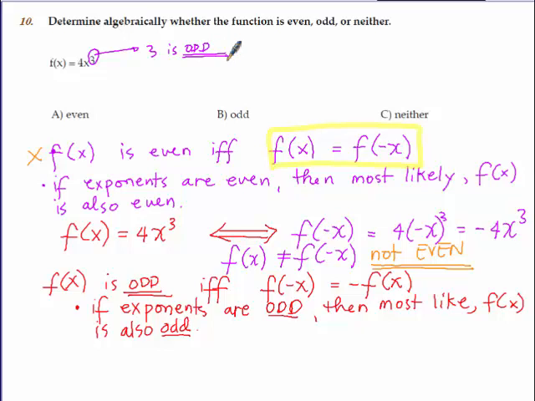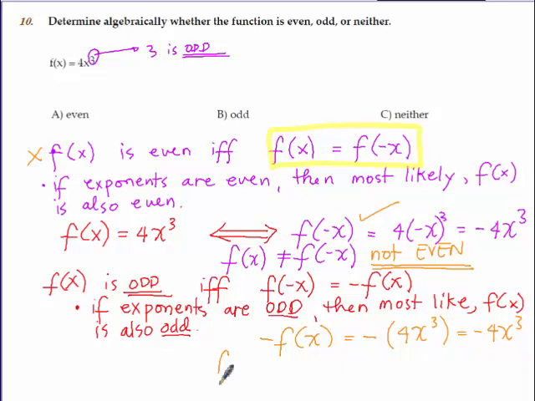We already got f of negative x, so we don't need to duplicate the evaluation. So let's get negative f of x. What is our negative f of x? Just get the negative of the function itself. So this will equal negative 4x cubed.